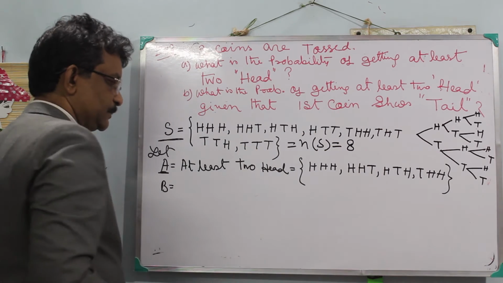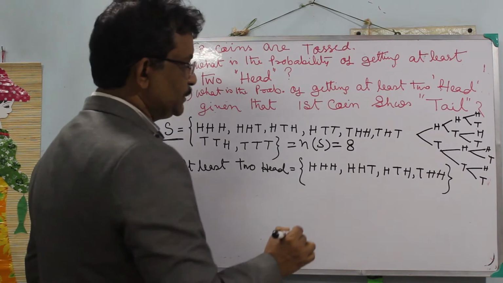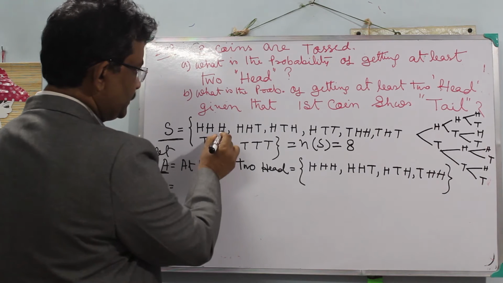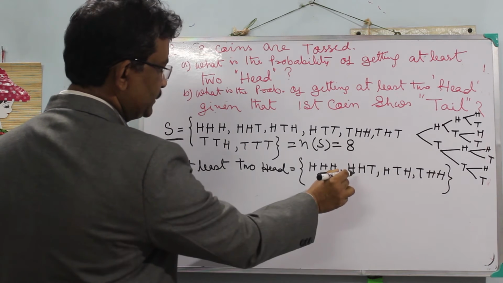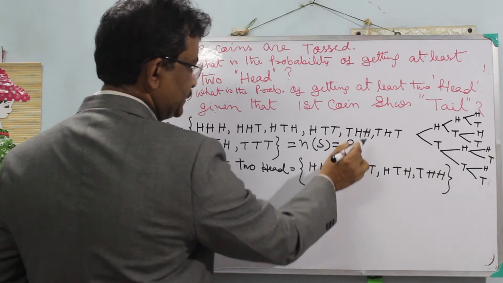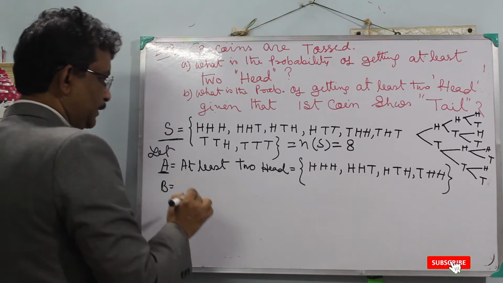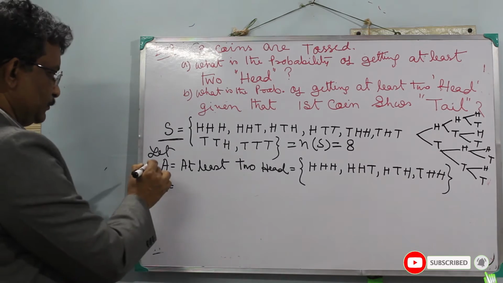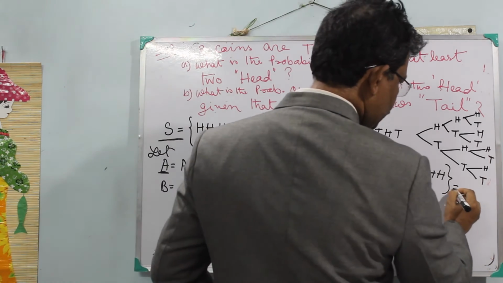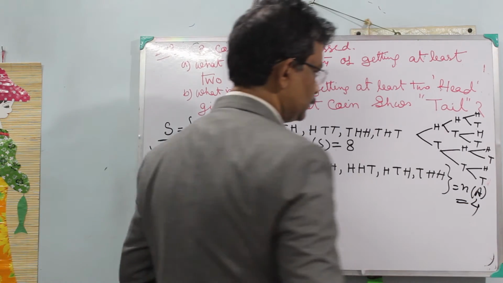Total 8 elements of sample space. And at least 2 heads: these are HHH, HHT, HTH and THH. These 4 are the favorable outcomes which satisfy the event at least 2 heads. So number of elements of A, N(A), equals 4.